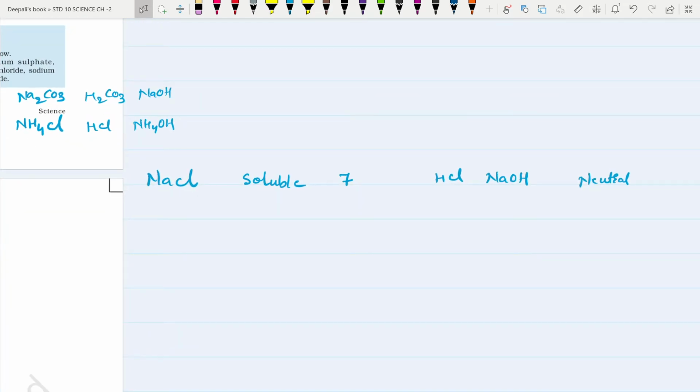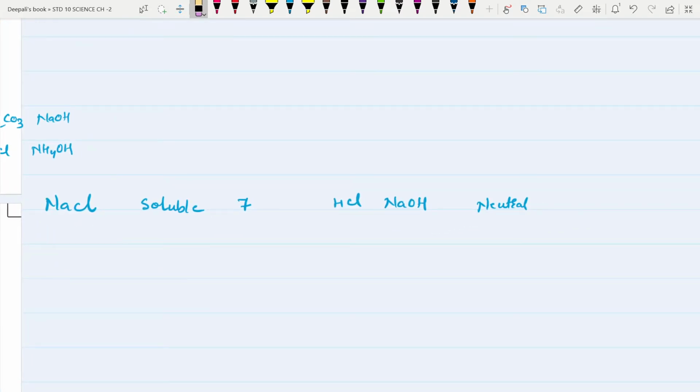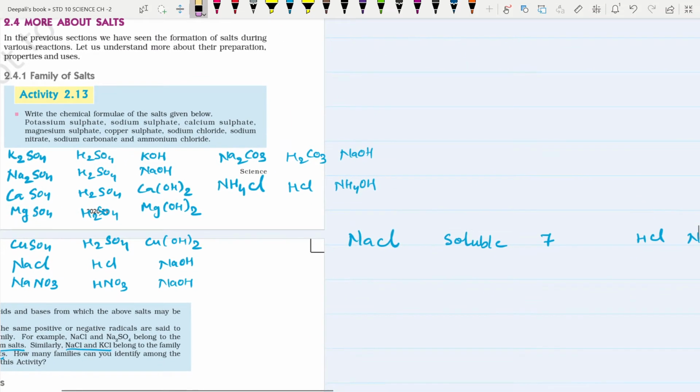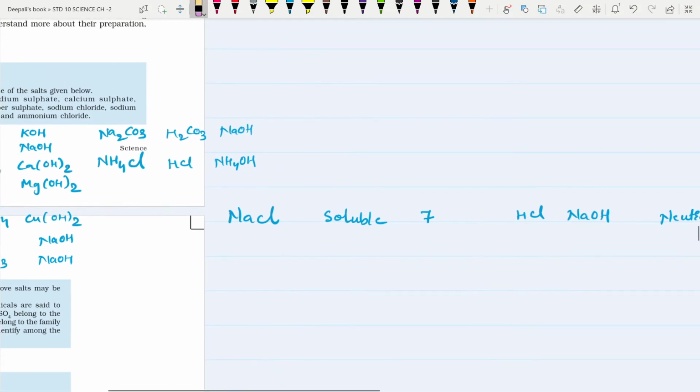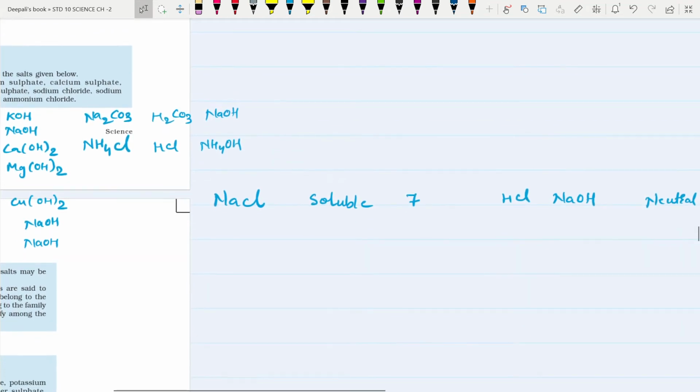Next is potassium nitrate, KNO3, which is again soluble, pH is 7.